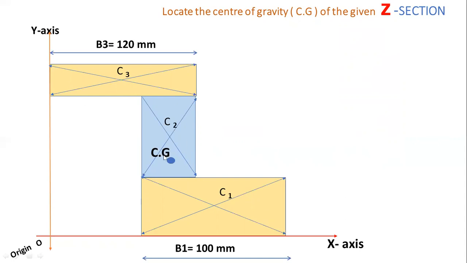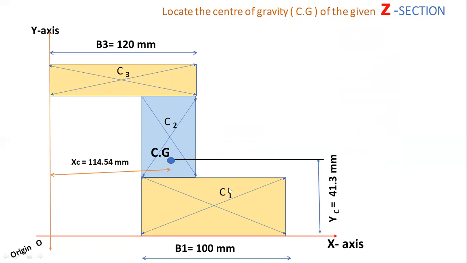XC is the distance of centroid CG from the y-axis, and YC is the distance of centroid CG from the x-axis. XC, YC are the coordinates of the centroid or center of gravity of the Z section.